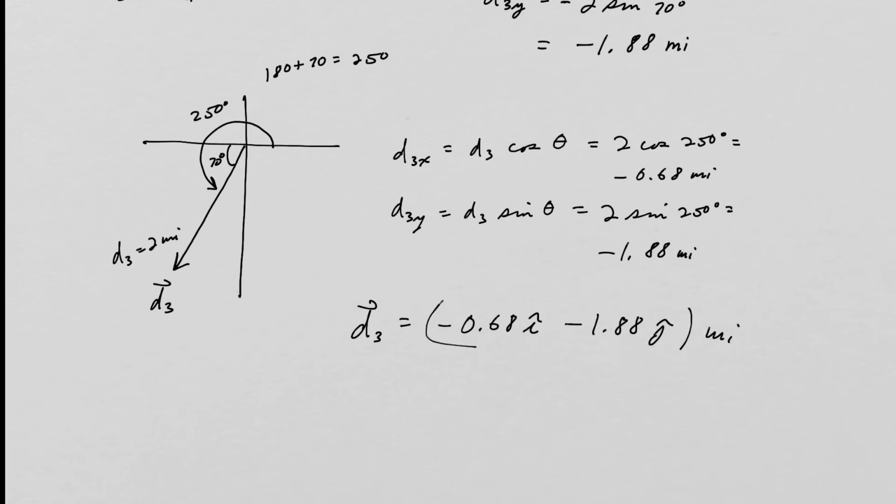Okay, now that I have D1, D2, and D3 in component form, I can add them together to find D net, to find what I really want, which is D net. So remember, D net is simply going to be D1 plus D2 plus D3.